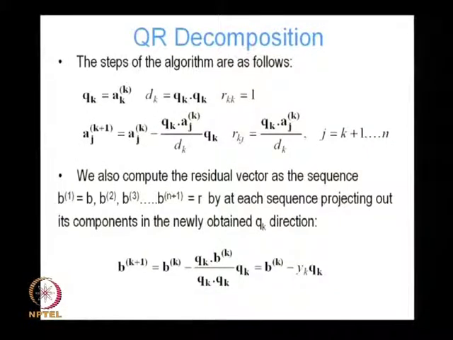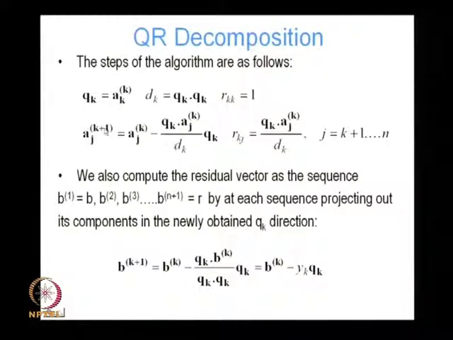The steps of the algorithm are as follows. Suppose in the kth step, the first thing we do is make the kth column of A the qk vector. Then from all the remaining columns of A, from j equal to k plus 1 through n, I project out the component of that vector along the qk vector, and of course I normalize it by the magnitude of the qk vector.